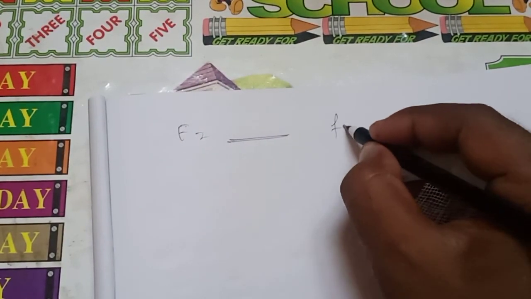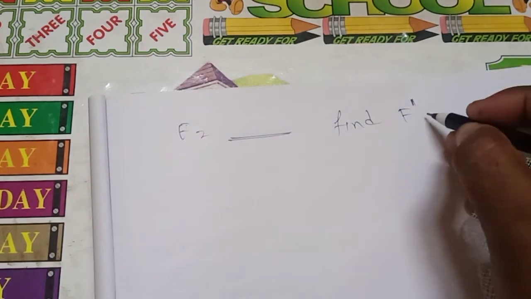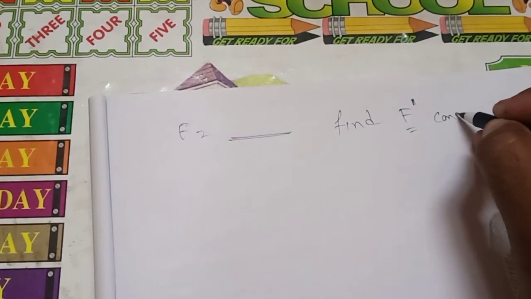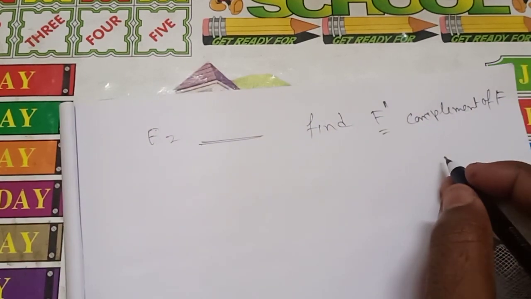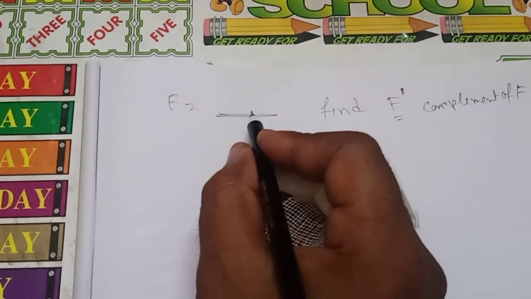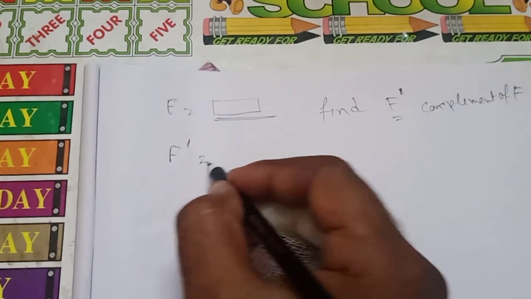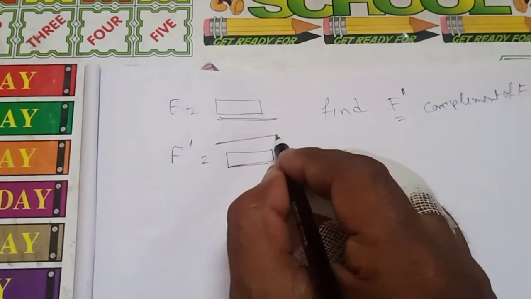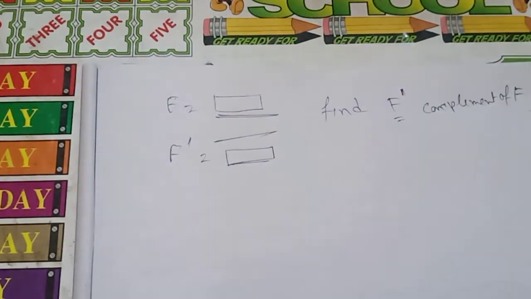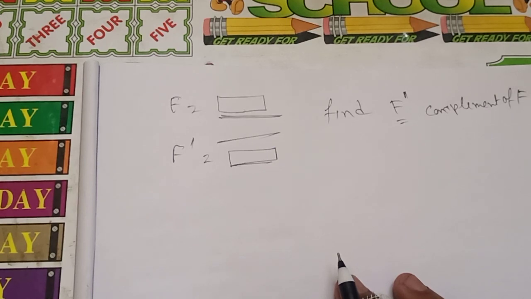Now if I tell you to find f bar, meaning the complement of f, do one thing: f bar is equal to that expression, and the whole expression becomes a bar, then you break that bar and use the same way to simplify the expression. The remaining stays the same. Okay, I hope all of you understand.